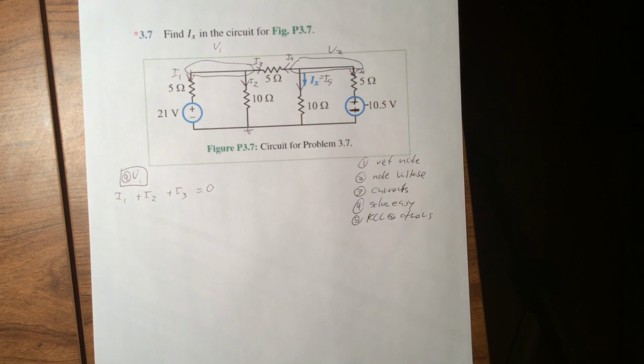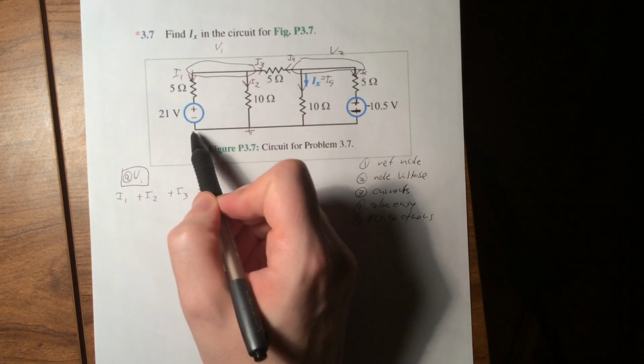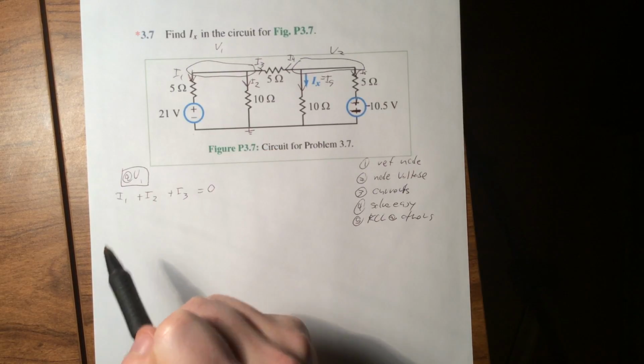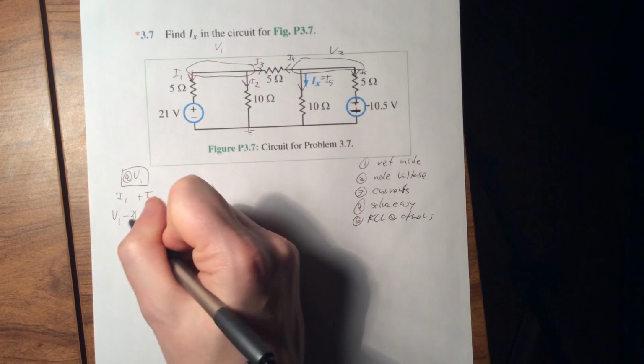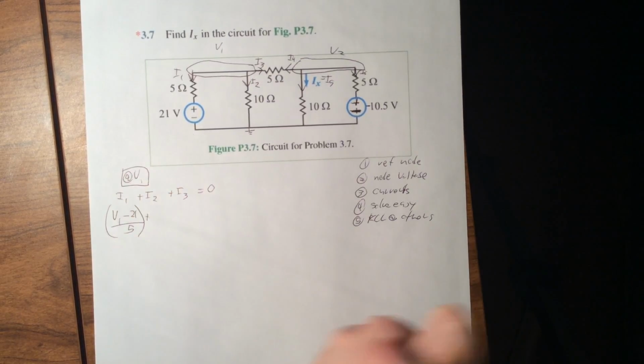That looks pretty good to me too. So now we're going to look at I1. So we've got V1 to 0, passing between a 21 volt source and a 5 ohm resistor. So it's going to be (V1 minus 21) over 5 is our first one.